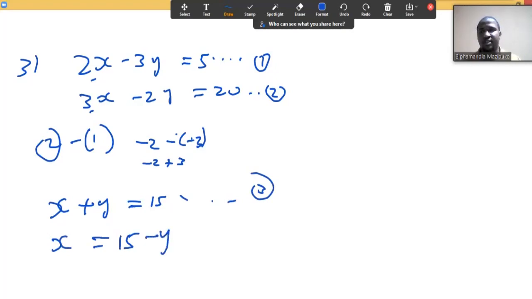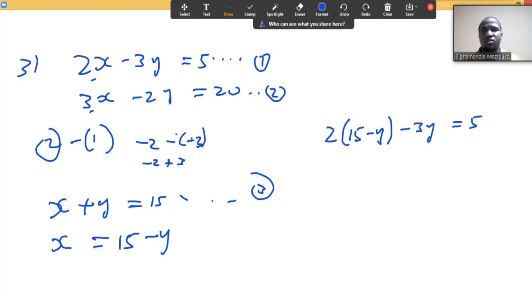Okay, now we know what is our x. Let's look at substituting equation 3 into equation 1. So equation 3 into equation 1, what can we do here? We can say 2 into 15 minus y minus 3y is equal to 5.